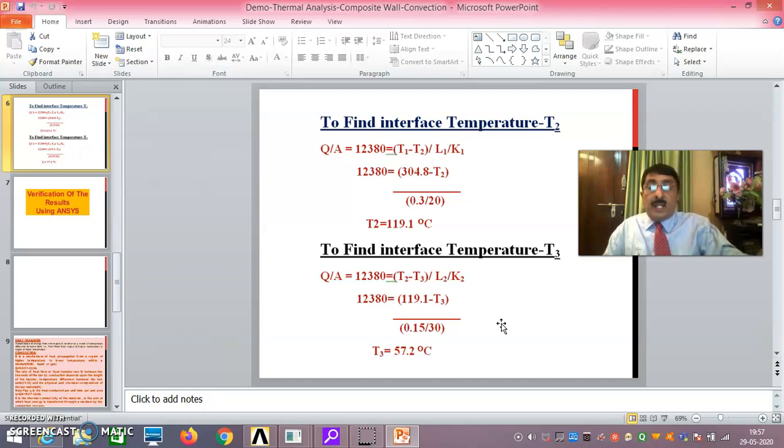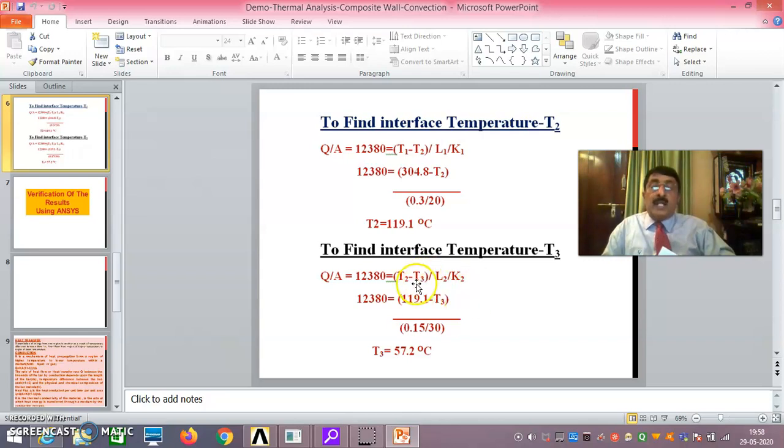T4 is 20 degrees. What you would have done is 12380 equals T3 minus T4 divided by 0.15 divided by 50. But in place of T3 you substitute 57.2, and in place of T4 don't substitute.